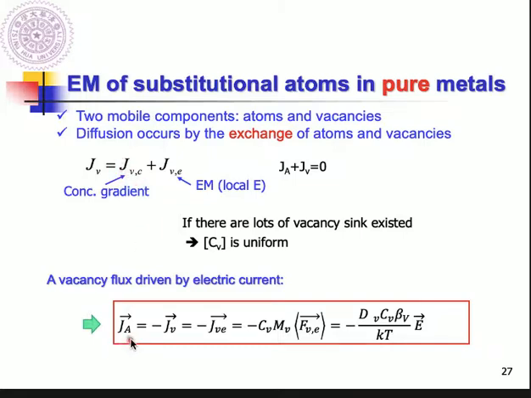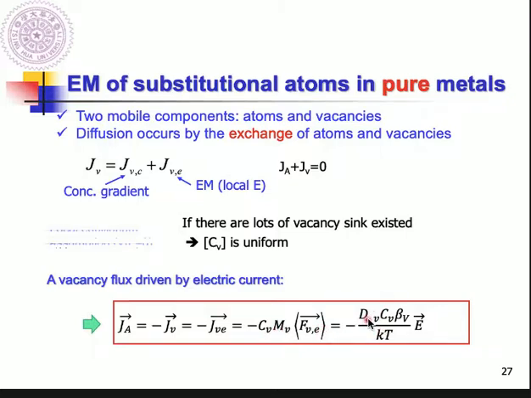So in order to know the atomic flux at the substitutional site, you can write it as minus JV, and the vacancy flux comes from the electrical field you apply on the system. So you can write it as the mobility of vacancy, concentration of vacancy, and the driving force acting on the system.